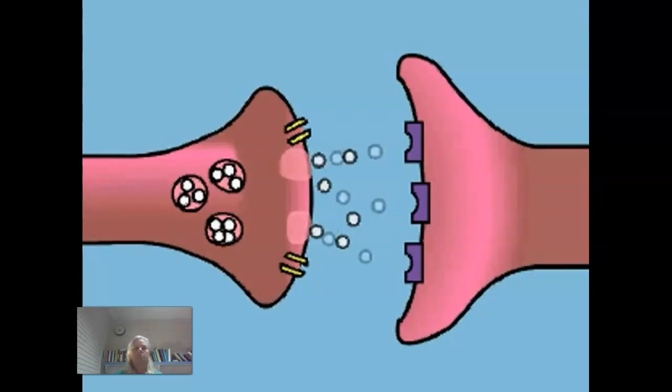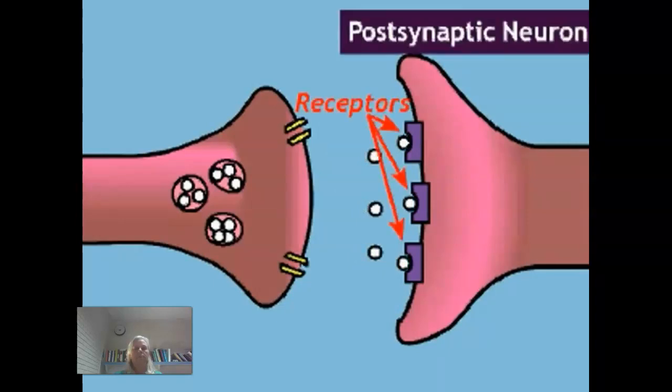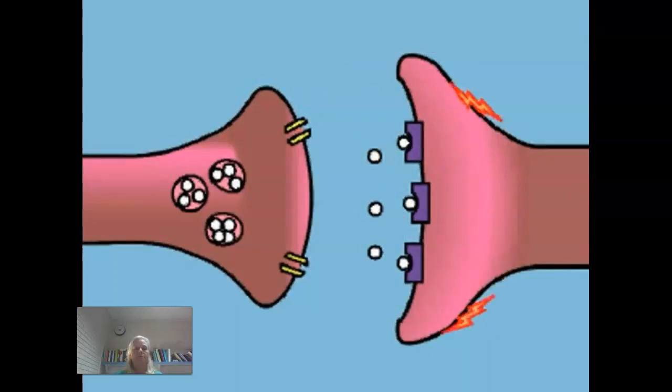The molecules released from the vesicles are chemicals called neurotransmitters. They drift across the synaptic space and bind to special proteins called receptors on the postsynaptic neuron. The binding of a neurotransmitter to its receptor can trigger an action potential in the postsynaptic neuron. That electrical signal then moves toward the cell body of the postsynaptic neuron.